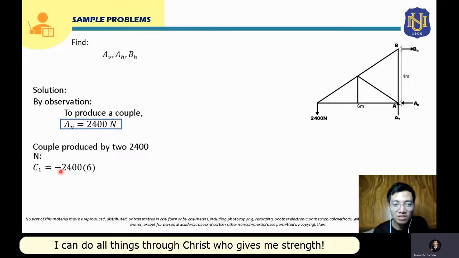That's why it will be negative 2,400 times 6 here. So this will be the value of the couple, negative 14,400. And its unit is the same as the unit of moment, Newton meter, since the force here is Newton and the distance here is meter. So that will be the magnitude and the direction of the couple.